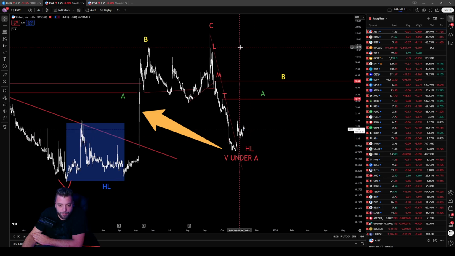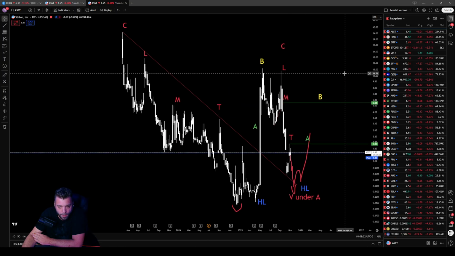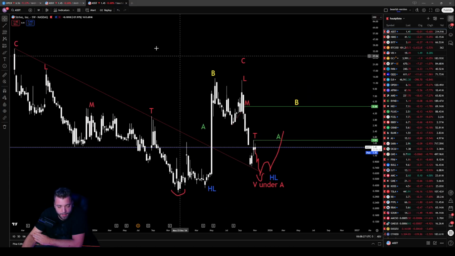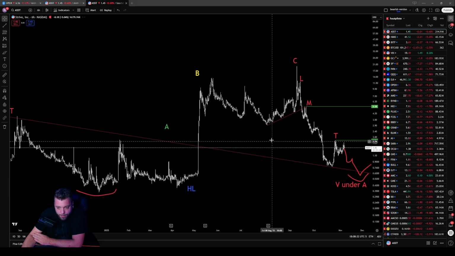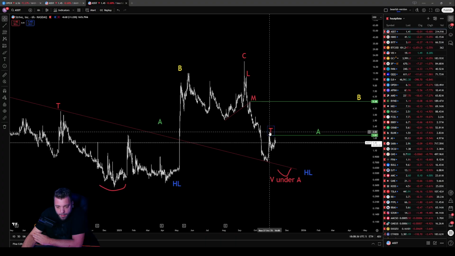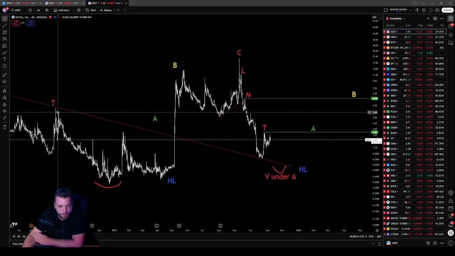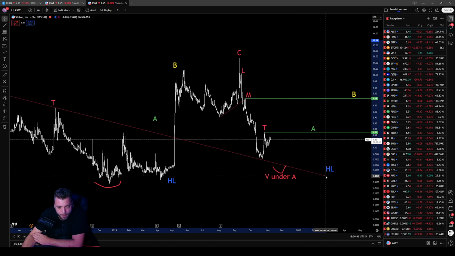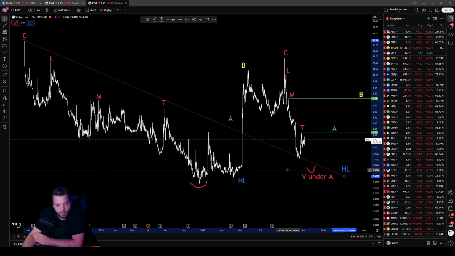For the bearish version, it is this one. From the beginning, nothing is changing. The ABC isn't changing. The only thing which would change is that our last peak was just T. And you still have to look for V under A. And in my opinion, it would be on this trend line.